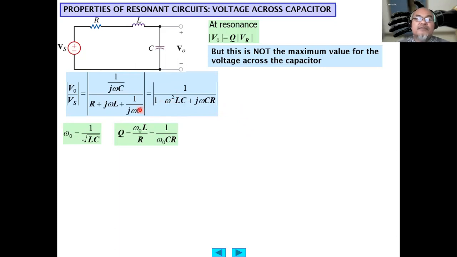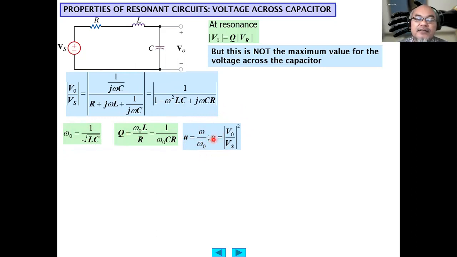Okay, then from the formula of resonance frequency, omega 0 equals 1 over square root of LC, and the quality factor equals omega 0 L over R, which equals 1 over omega 0 C R. So we define a variable U equals the ratio between the frequency and the resonant frequency, omega over omega 0.